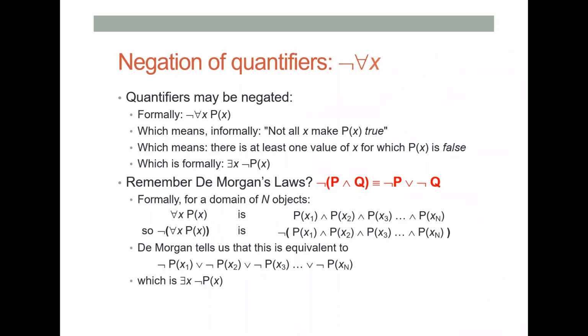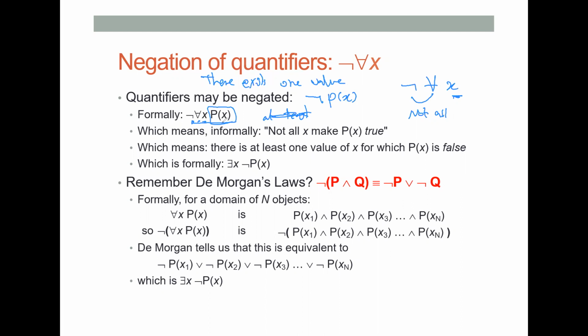Okay, great. Negation. Can we negate a quantifier? Yes. How do we read it? Here, for all values of X. Here, not all X. So not all X satisfy P of X, which means, English-wise, if not all values of X satisfy P of X, there exists at least one value that does not satisfy P of X, where P of X is false.